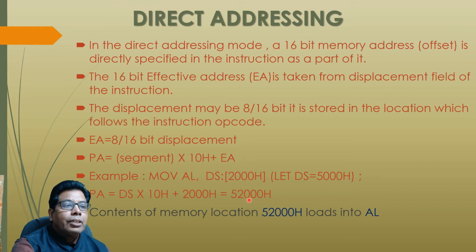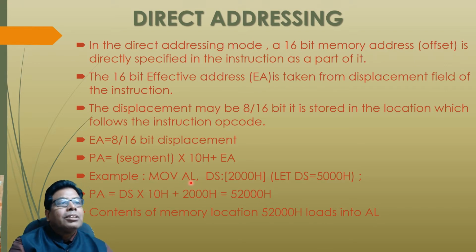So that will be 52000H. So the instruction move AL comma DS colon 2000H, what it will do, the contents of memory location 52000H load into AL. So they are loaded into the AL register. So this is how the direct addressing will work.